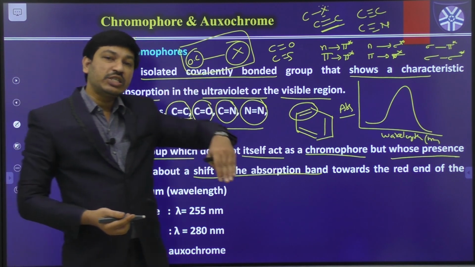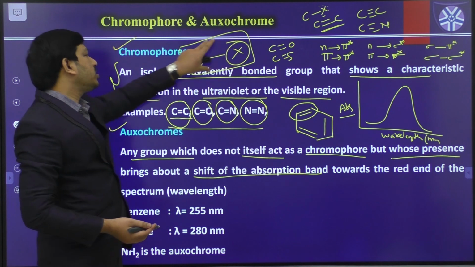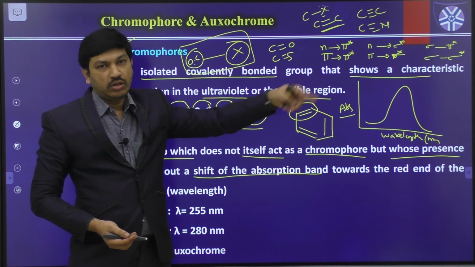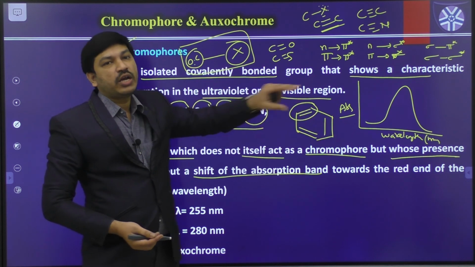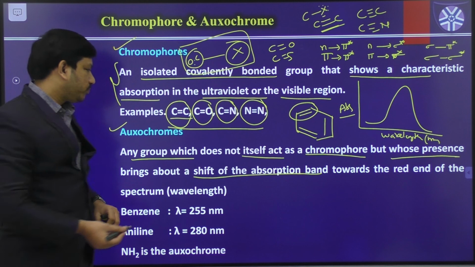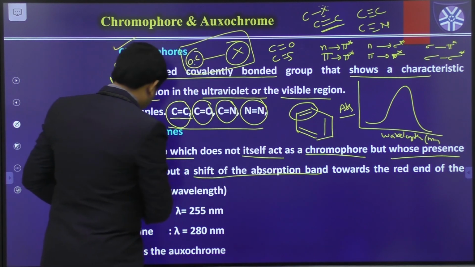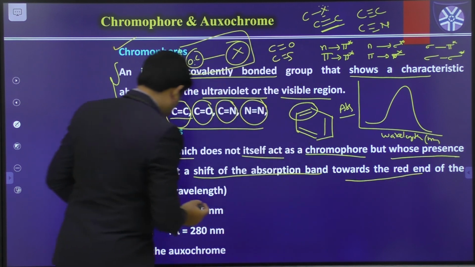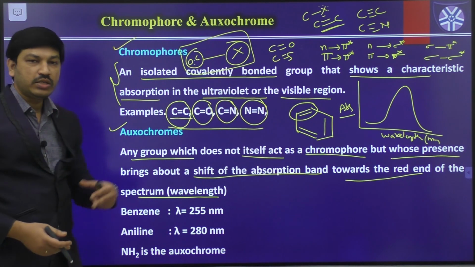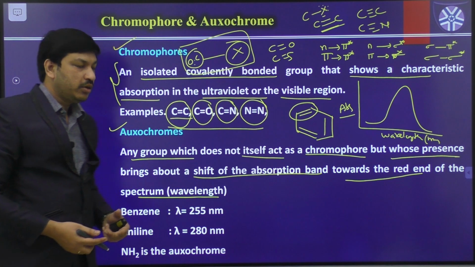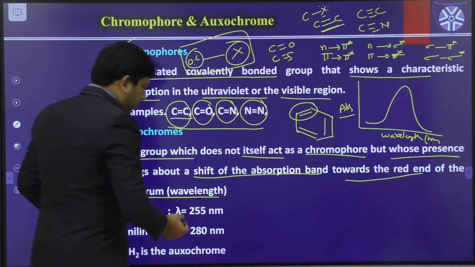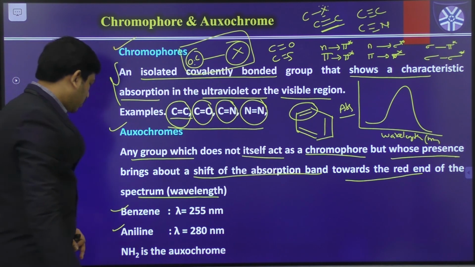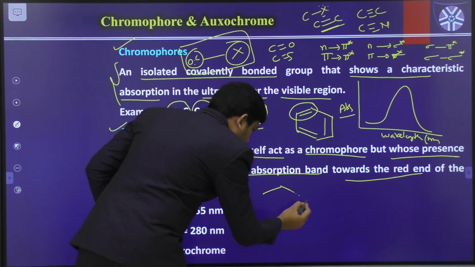Due to the presence of such a group on the main molecule, there is an absorption shift. Such groups are called auxochromes. It brings about the shift of the absorption band towards the red end of the spectrum. We will see what the red and blue ends are in the next slide. For understanding this concept, here I am taking two examples. One is benzene.